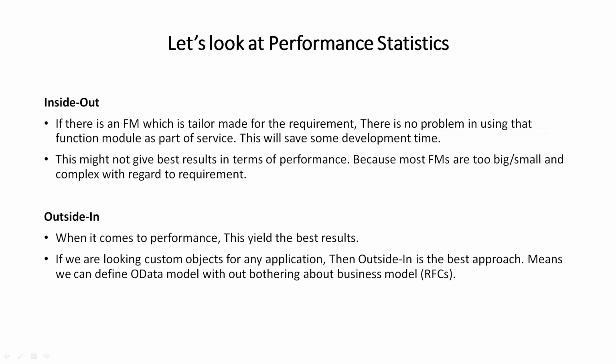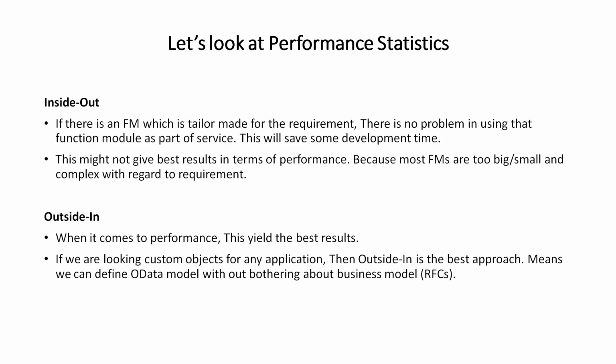Yeah. So what generally is advised is, let's say if there is a function module which fits your needs, then go for it. You don't need to write all this coding extra. But let's say if the function module just covers 50% of your needs, then you should not use that function module and should go for optimized code for your OData request.